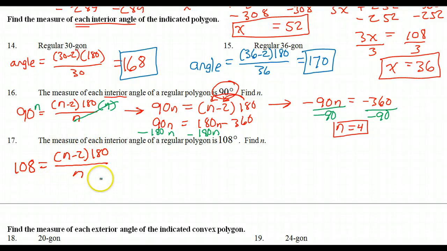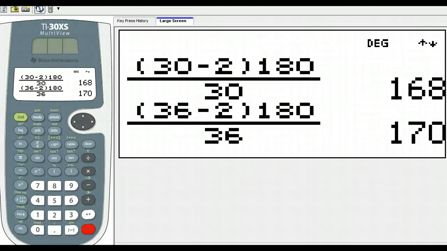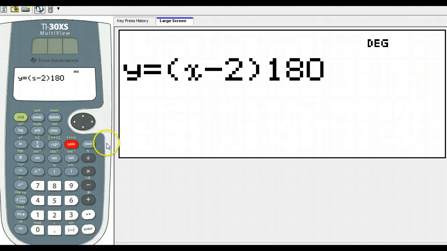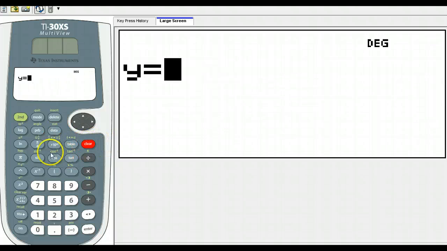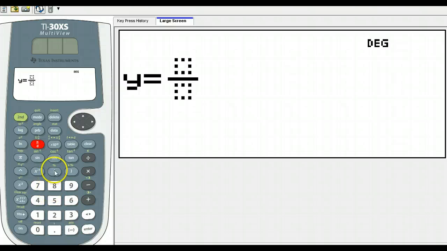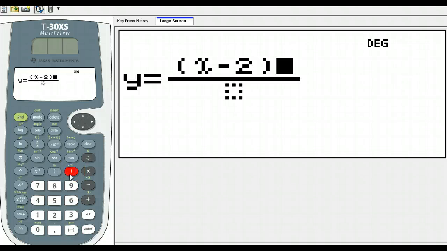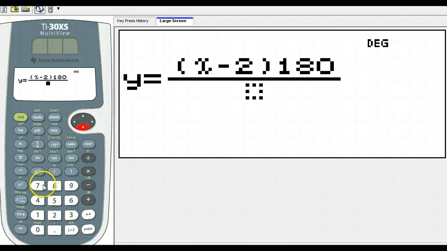I could just put this entire expression into the TI-30 and look for which value gives me 108. In my table, I have to start off in fraction mode, so instead of n minus 2, of course I'll do x minus 2 because that's the variable I have. So n minus 2 times 180 divided by n becomes x minus 2 times 180 divided by x.